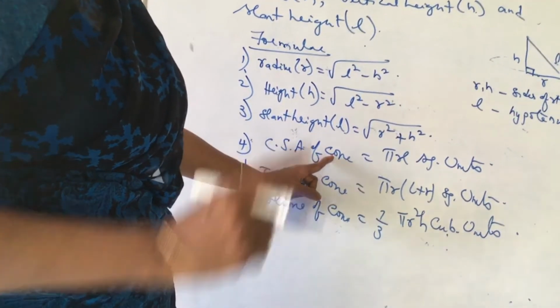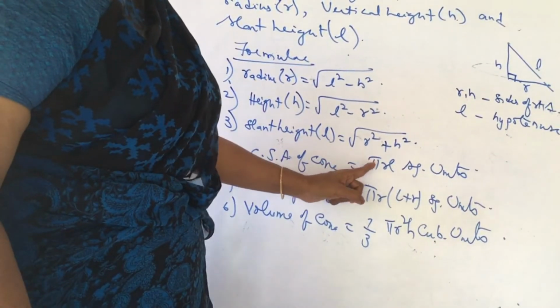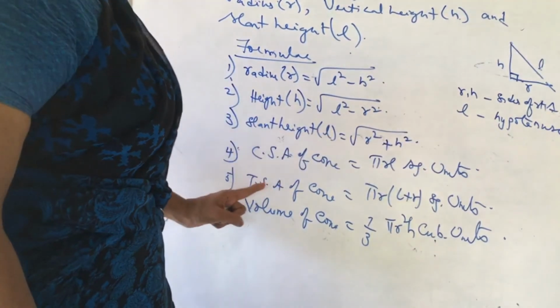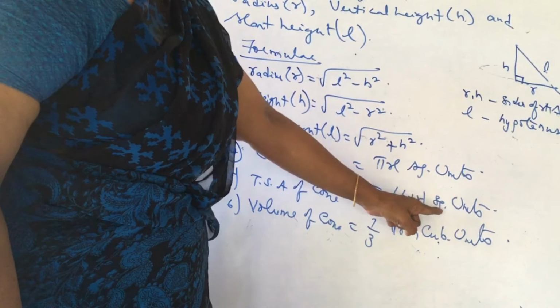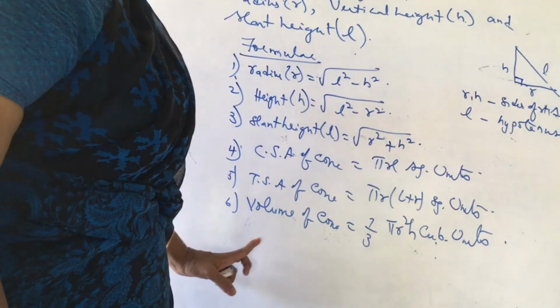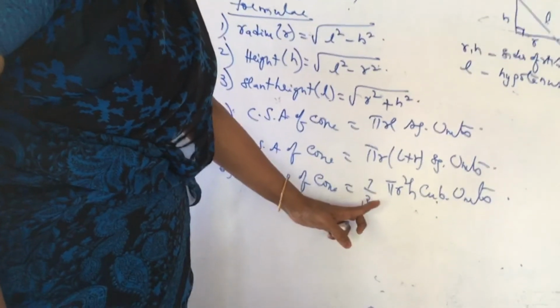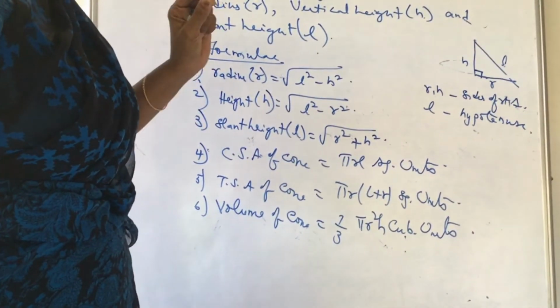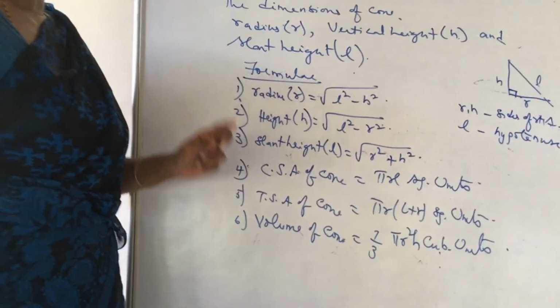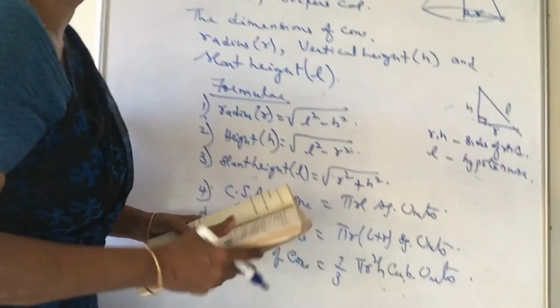CSA of the cone, curved surface area, pi r l square units. TSA, pi r into l plus r square units, and volume of the cone is 1 by 3 pi r square h. Please learn the formulas, children. Without learning the formulas, you cannot master the topic, children.